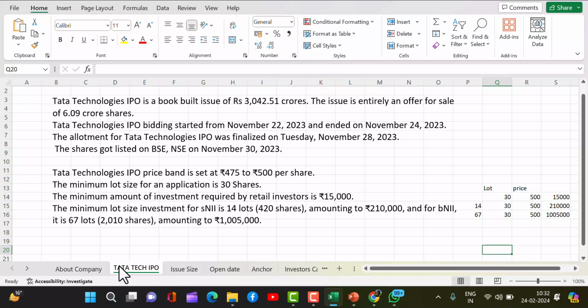Doubt is when you apply as, let's say, an NII. These are minimums. You can go up to 10 lakhs. So suppose you are an NII, you can go for either 14 lots or in multiples, 40 lots up to 10 lakhs.